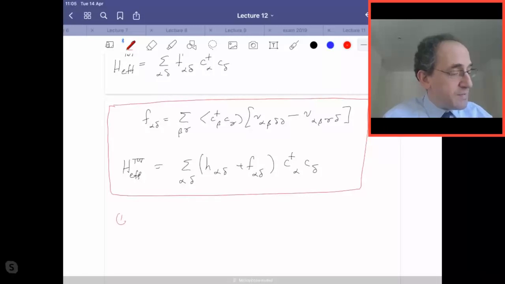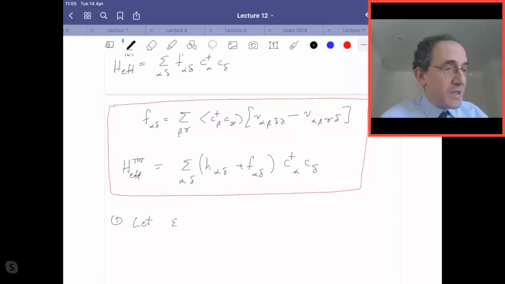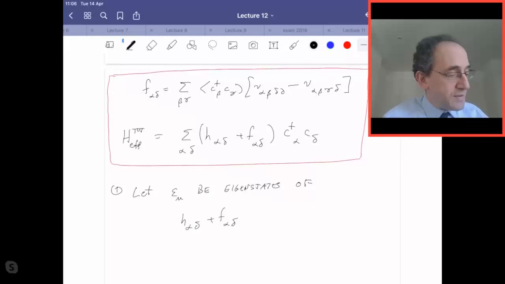One, let epsilon mu be the eigenvalues of h alpha delta plus F alpha delta, with eigenvectors, call them mu.